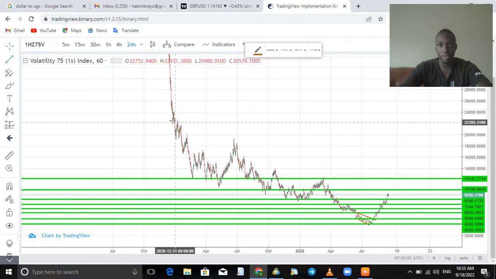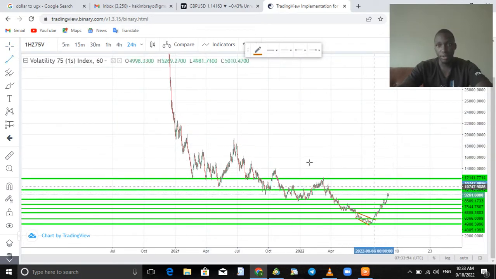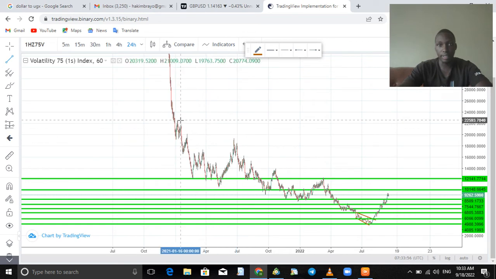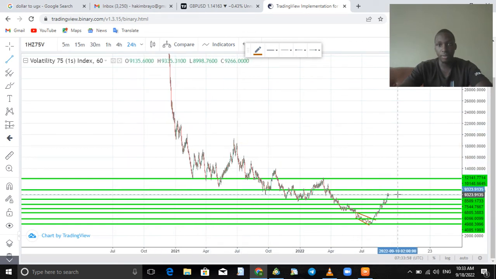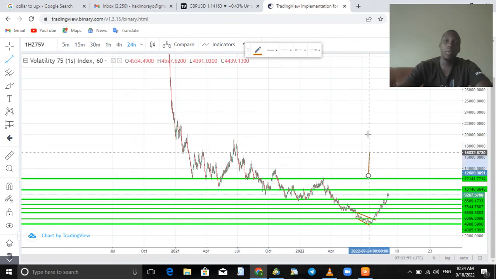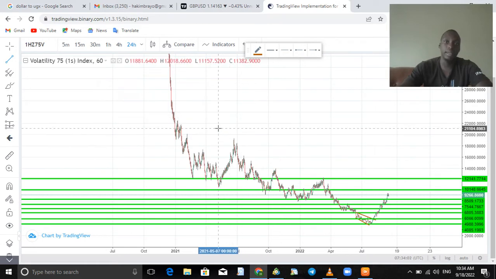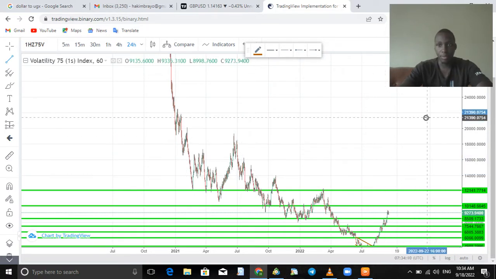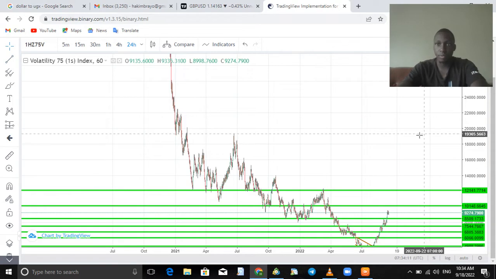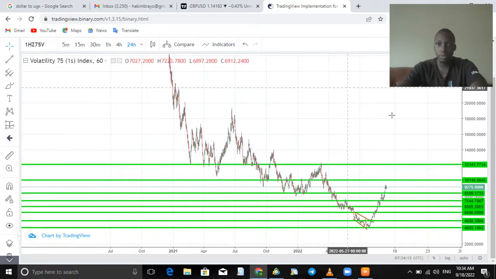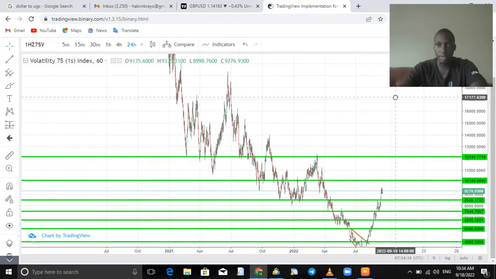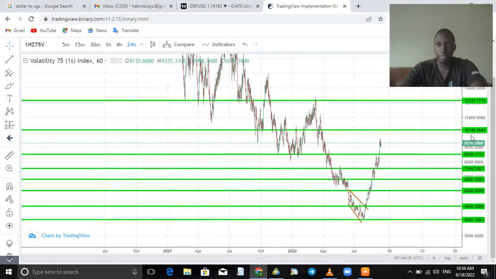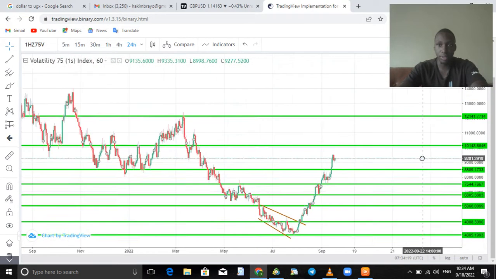If you try connecting this, you can clearly see that the overall was a downtrend. Now if the overall market was a downtrend, but at the moment, remember, we have also the market changing from another level to another level.